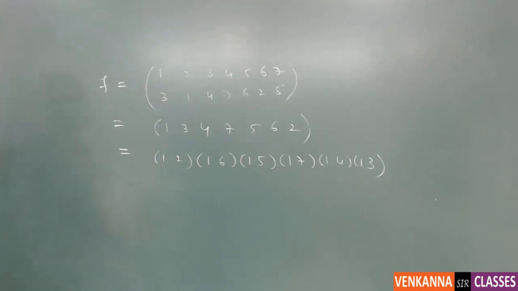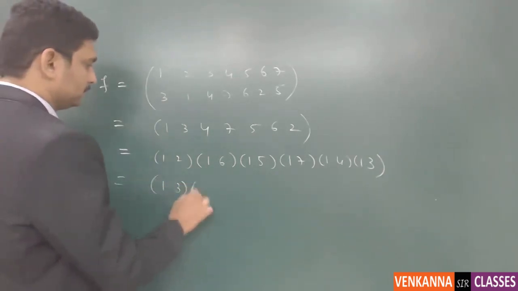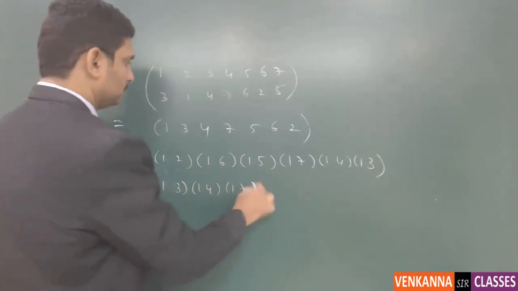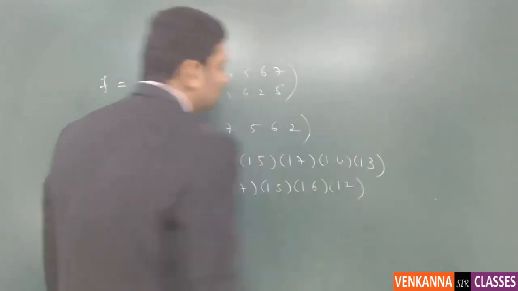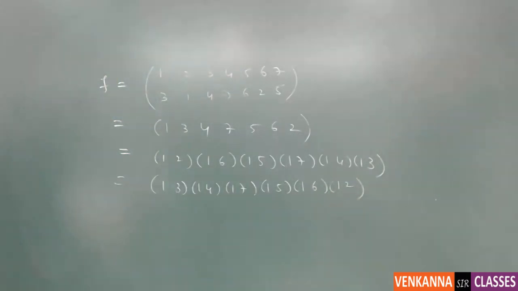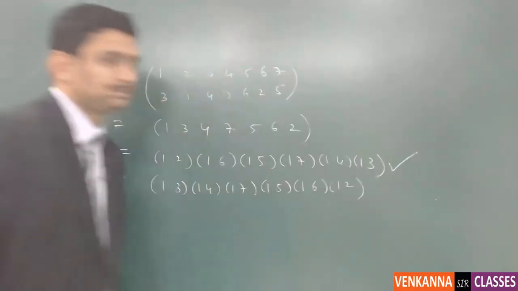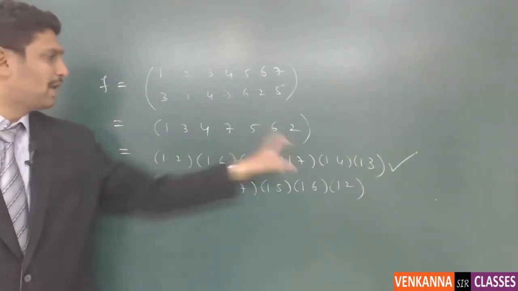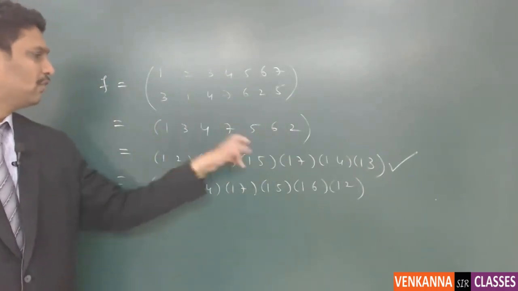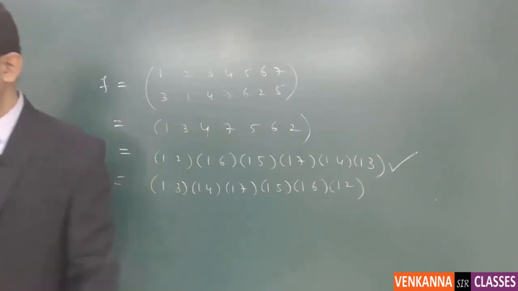The actual thing, generally we write it as... so generally we follow this pattern. You fix the first element, and you take everyone: (1 2)(1 6)(1 5)(1 7)(1 4)(1 3).